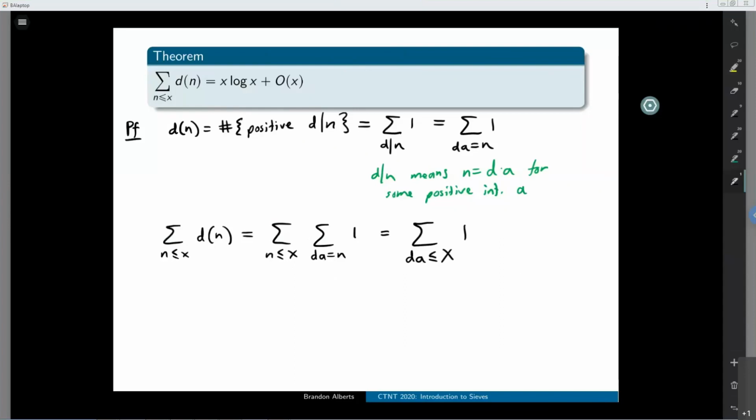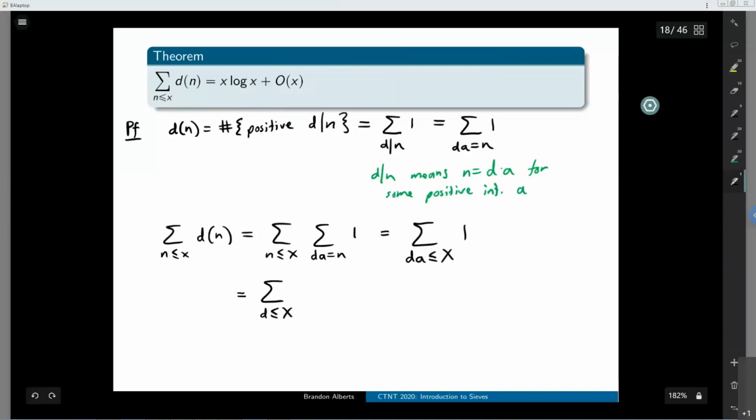And so now what we can do is we can choose an order to sum over these two possible numbers, whether we sum over the different values of d first or the different values of a first. So I'll put the sum over d on the outside. So certainly, if d times a is less than or equal to x, that can only occur if d itself was less than or equal to x, because these are all integers.